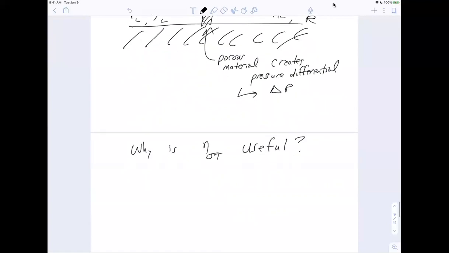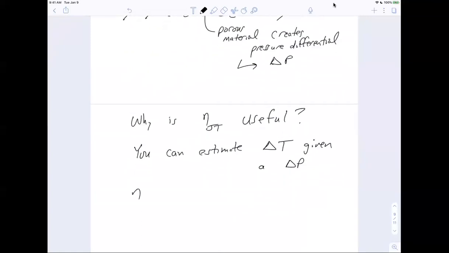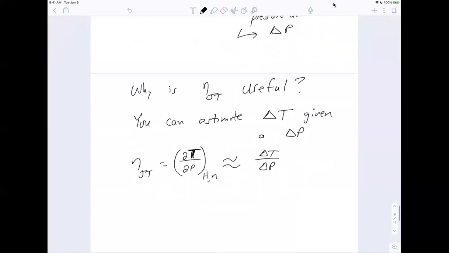Well, you can estimate delta T given a delta P. Eta JT is equal to the partial of T with respect to P at constant H and N. But we're going to say that this is an approximation to delta T over delta P. Notice this is a very strong way of saying it is an approximation, because we're interested in estimating.